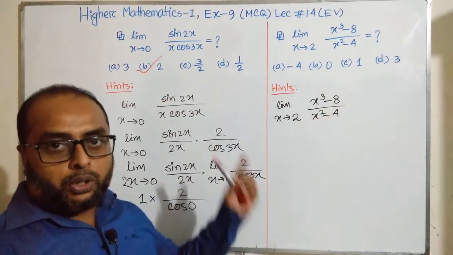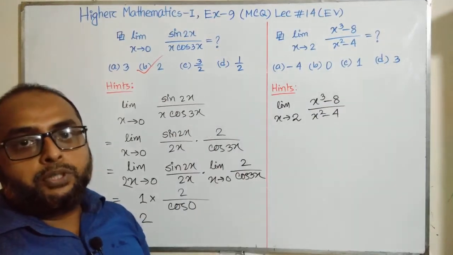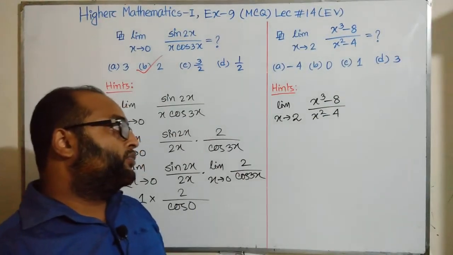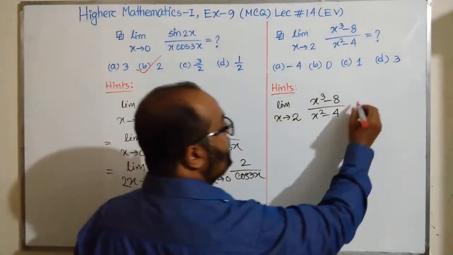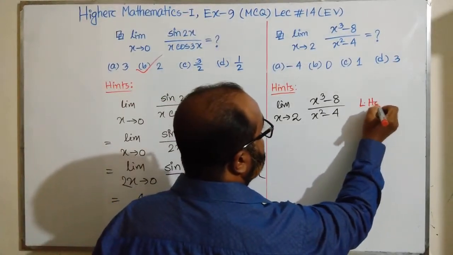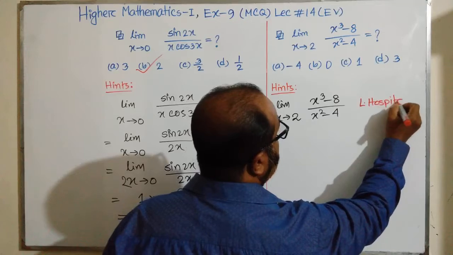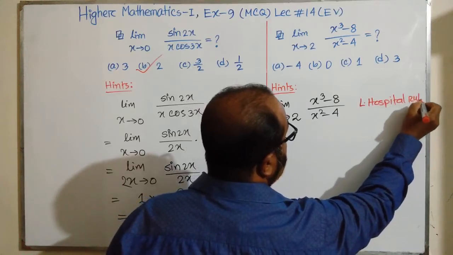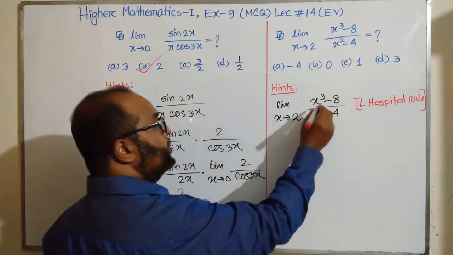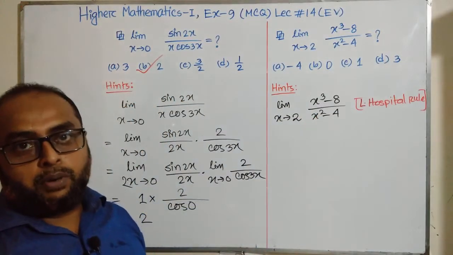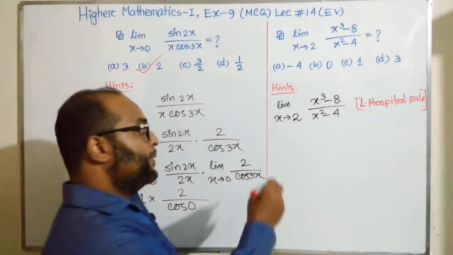Here to solve this problem we use a method of differentiation. This method is known as L'Hospital rule. This rule is we have to differentiate numerator and denominator separately.